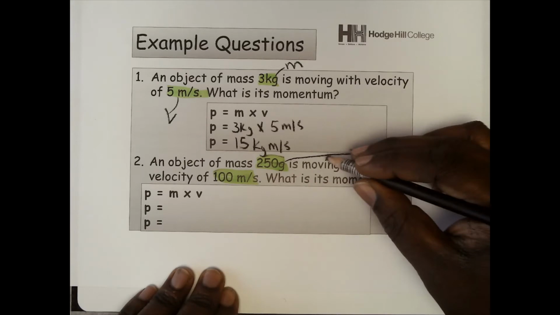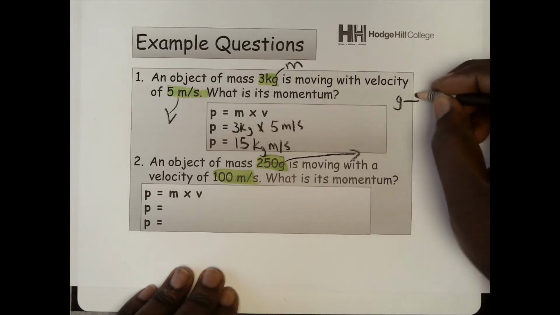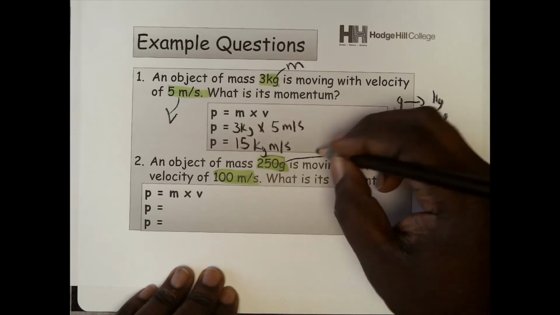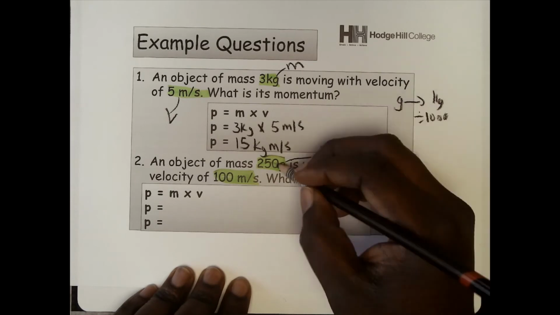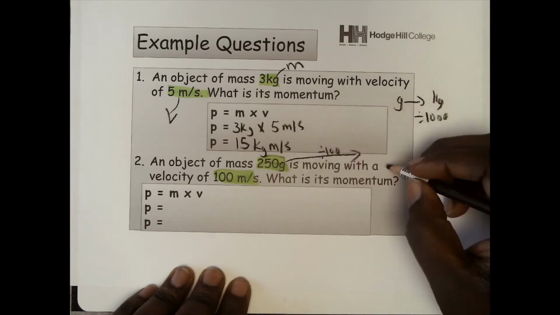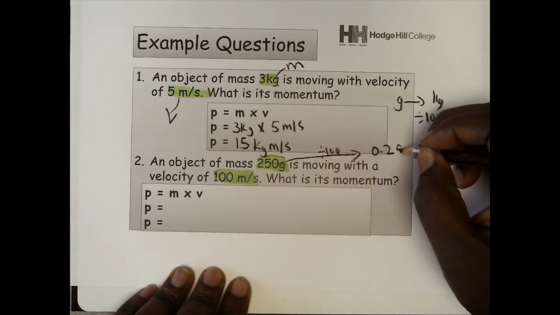So of course we must convert to kilograms. To convert from grams to kilograms, we divide by 1,000. So let's divide this by 1,000. And so let's move 1, 2, 3. So this will give us 0.25 kilogram.